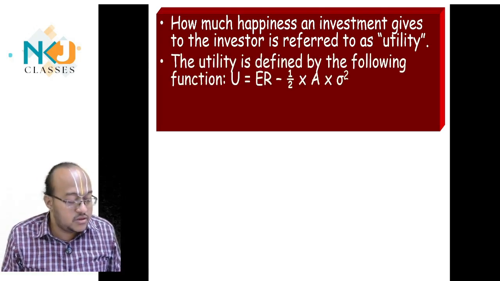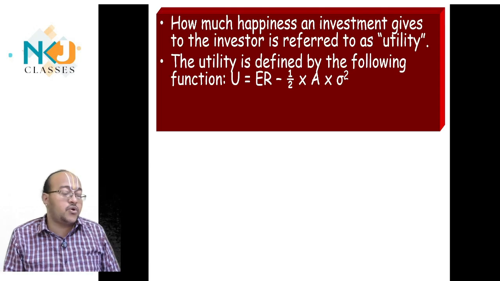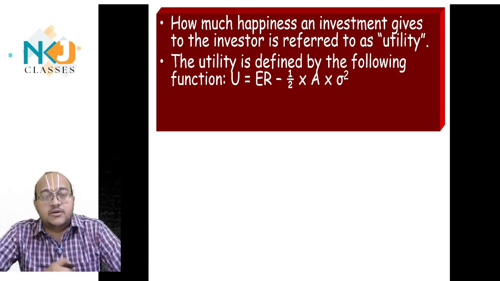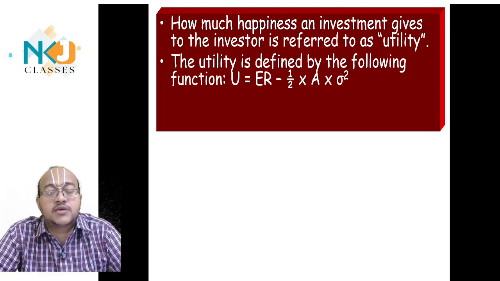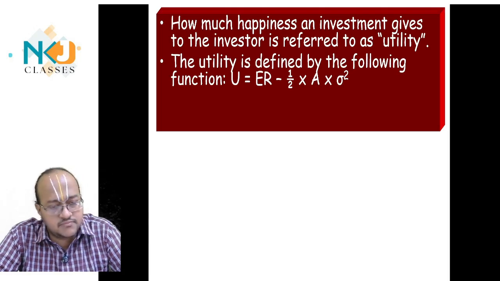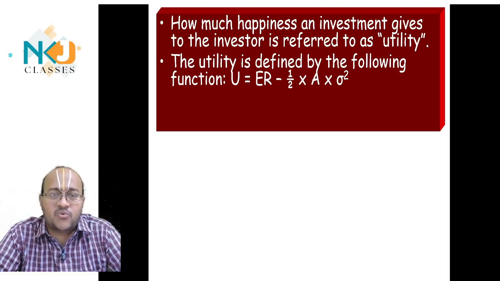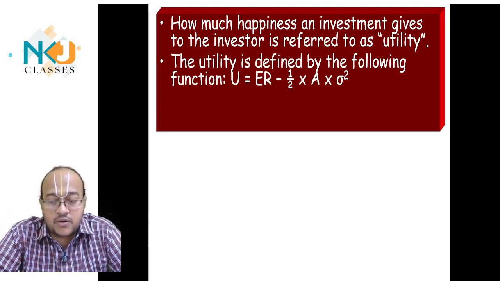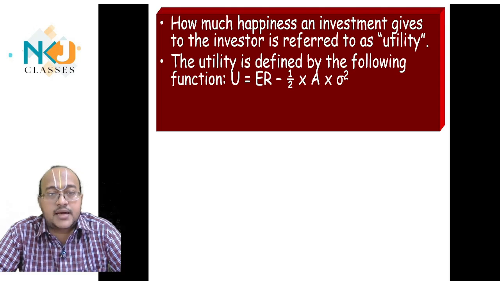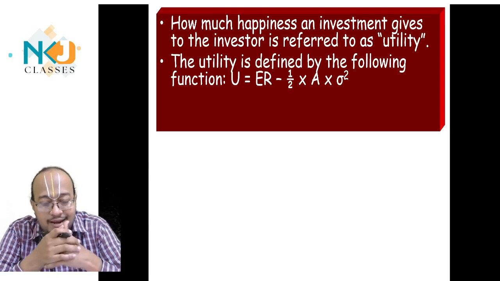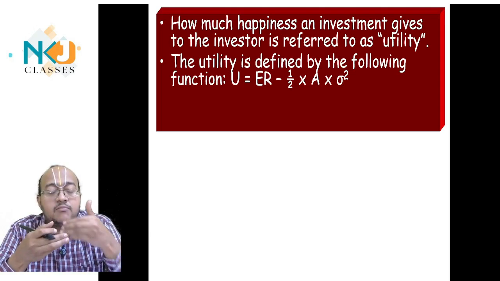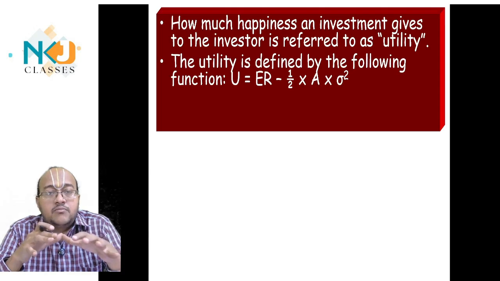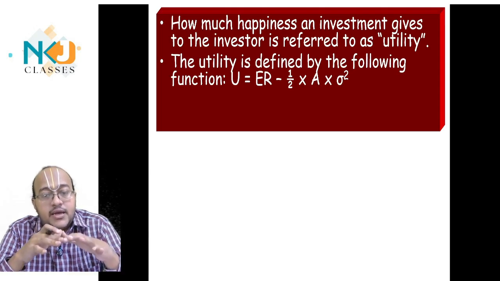The utility is defined by the following function. See, how can you identify the emotion? The emotions are hard to catch, but there is a formula. This is also empirically proven, given the data. They analyzed the data and came to a conclusion that this can be used for understanding utility as such.